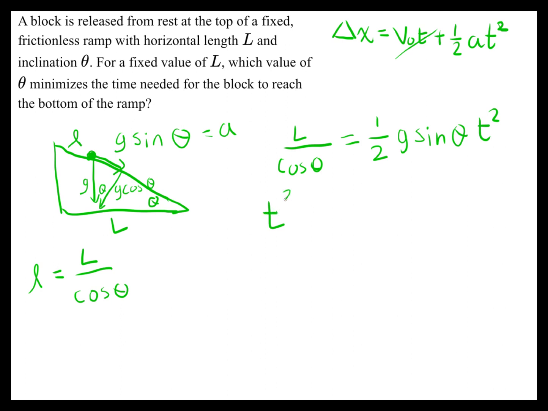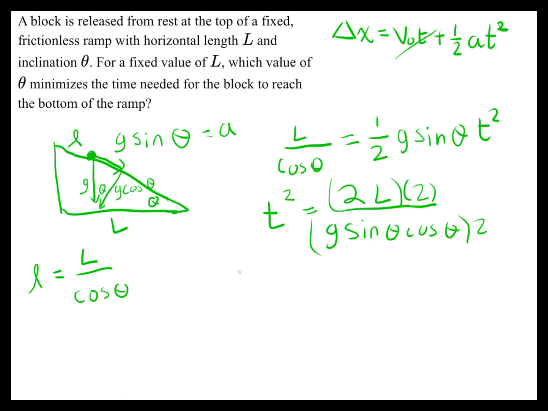So t squared is going to be equal to 2l over g times sine theta cosine theta. But I want to simplify this a bit. So let's try multiplying both the top and the bottom of this part by 2.